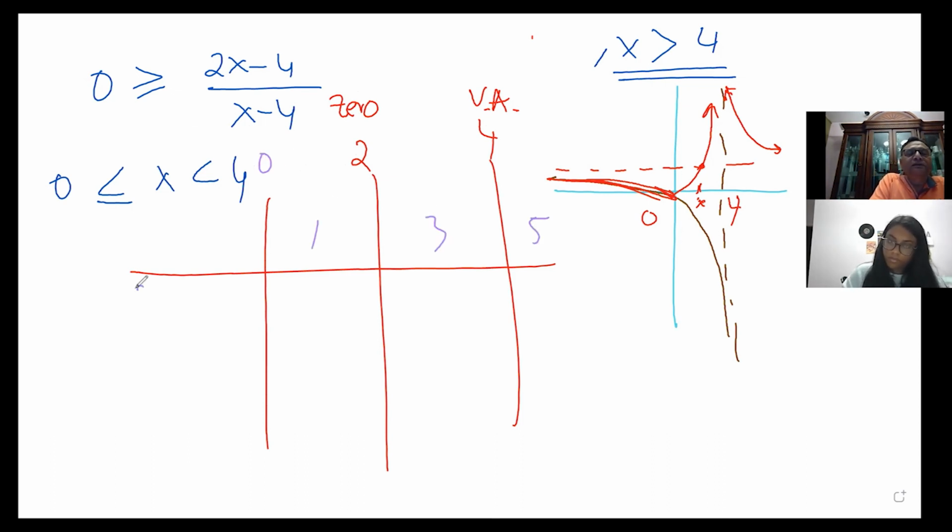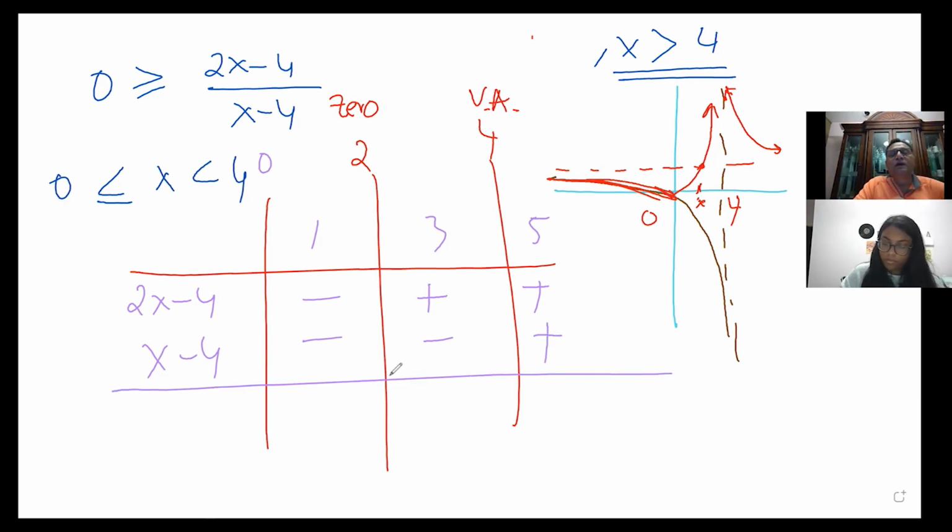And we have two factors, 2x minus 4, and the other one is x minus 4. So when you plug in 1, you get negative. When you plug in 3 or 5, you get positive. For x minus 4, we get negative, negative, and positive. So when is it negative? We want 0 to be greater, that means we want this to be negative, right? So it is negative in the interval between 2 to 4.